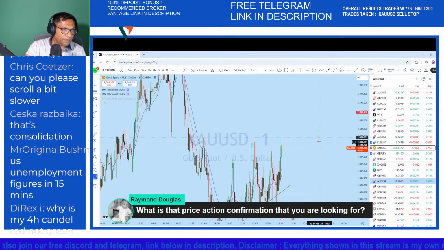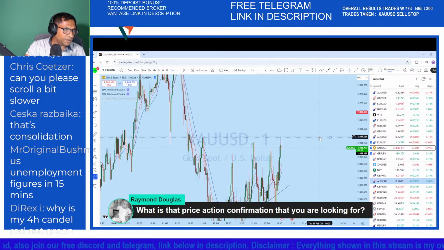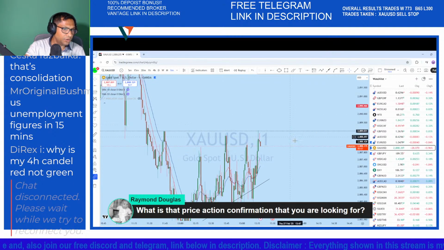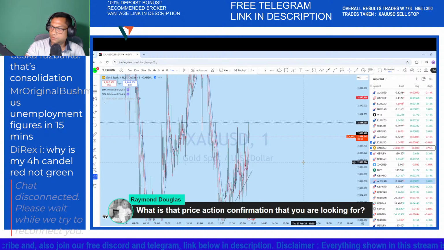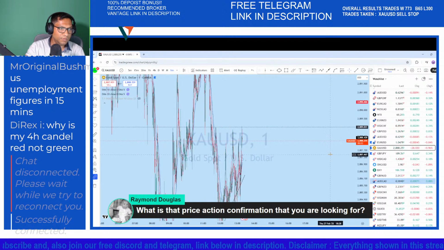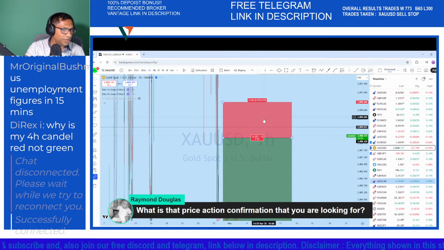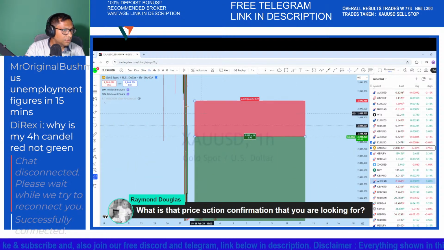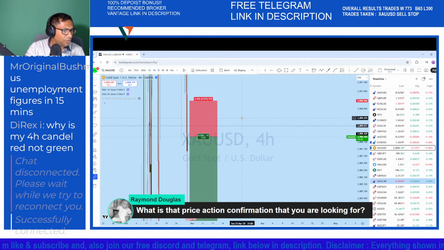Okay, so it grabbed a massive, it tested a very important liquidity zone. We'll see if it manages to drop here again from that zone. And look at the 4 hour.